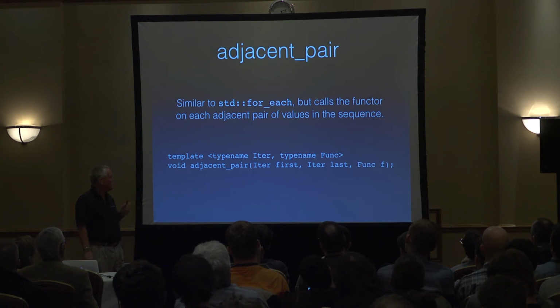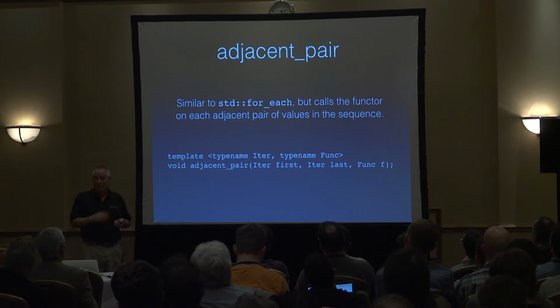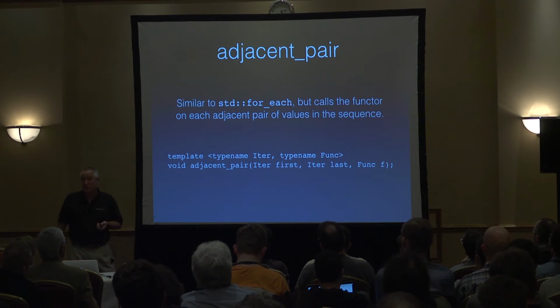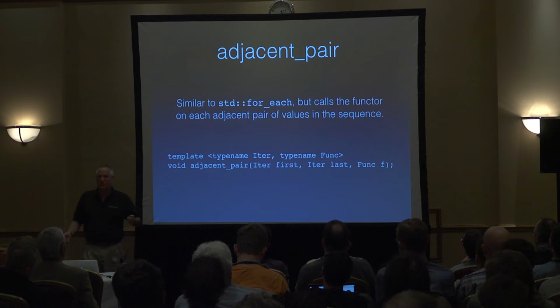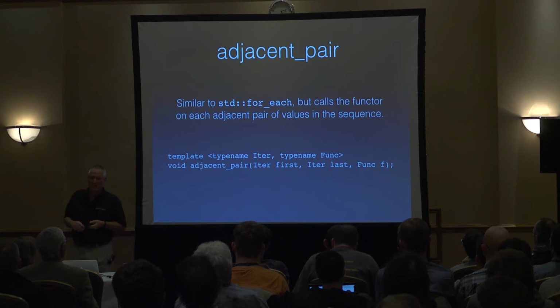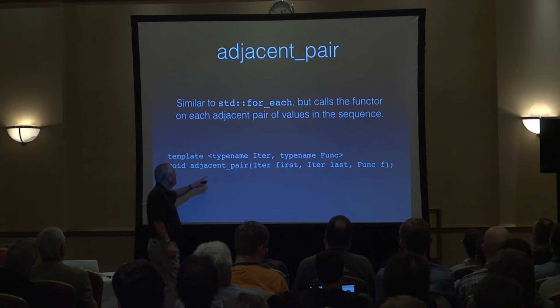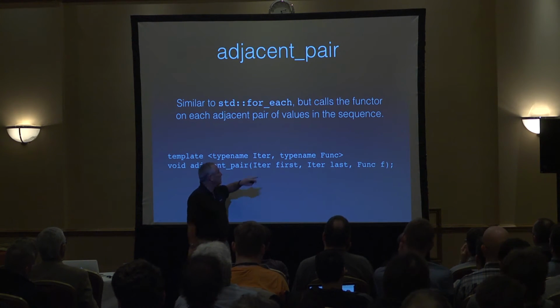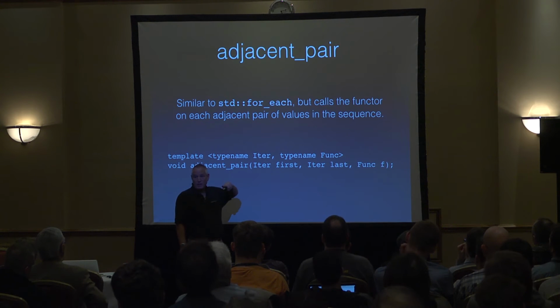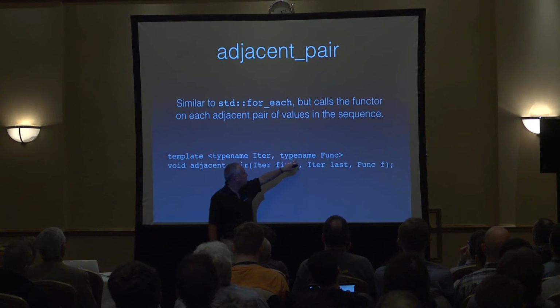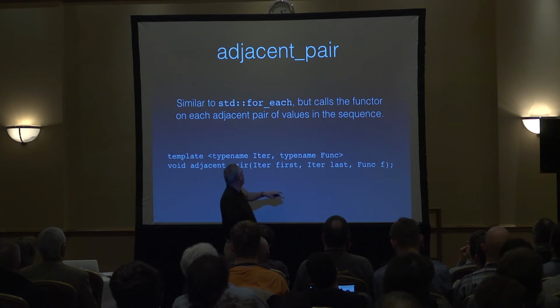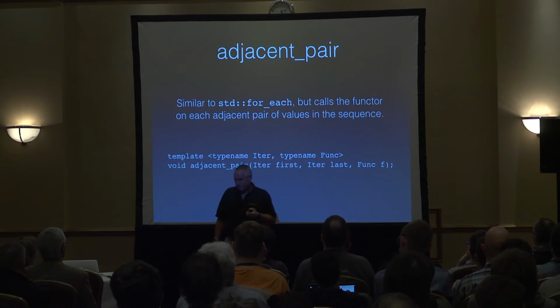I said, fine, let's call this adjacent pair. For each adjacent pair might be a better name, but then I run into fitting things on slides. So we'll just call it adjacent pair for the moment. Anyway, typename Iter. We don't have two iterator types, we just have one, and some functor. And we take first, last, and a functor.